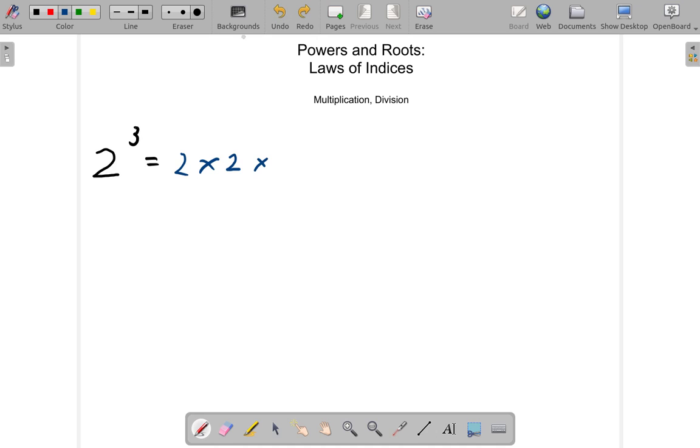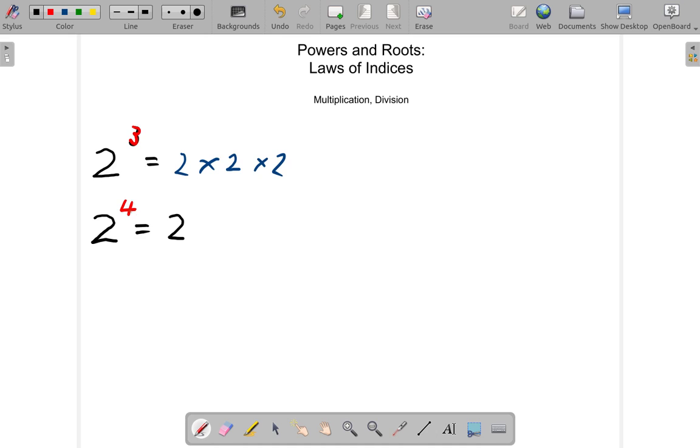Suppose I have 2 to the power of 4. What would that give me? Let me put back my 2. I want to raise to the power of 4. I'm going to keep the powers in red. 2 raised to the power of 4 is what? You have 2, the base, multiplying itself.